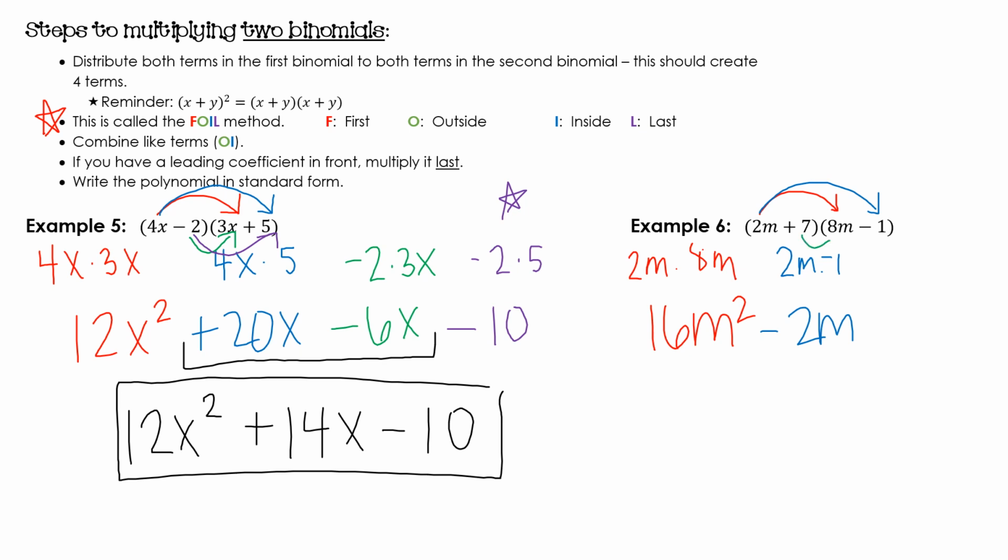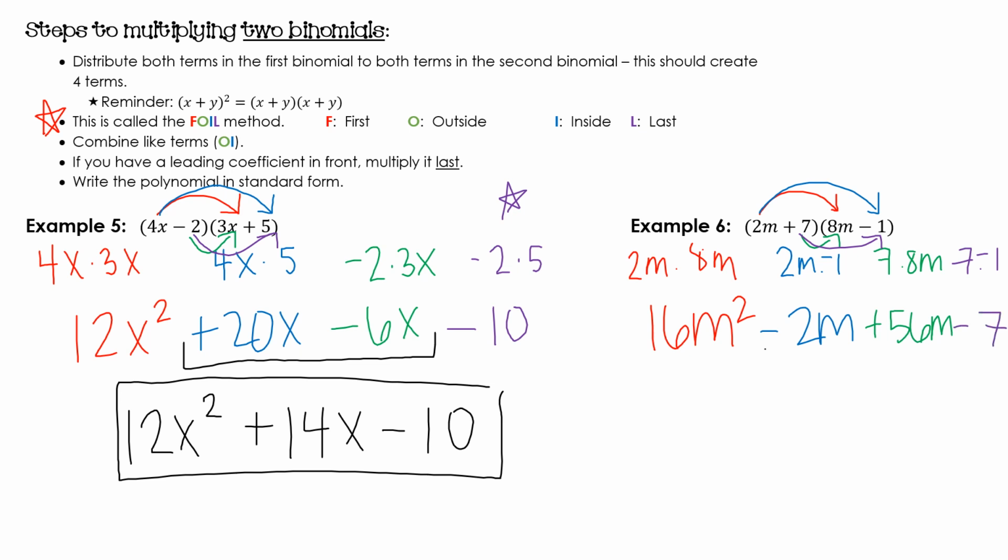Inside term would be 7 times 8m, so 56m. And then last, I'm multiplying +7 times -1, so -7.